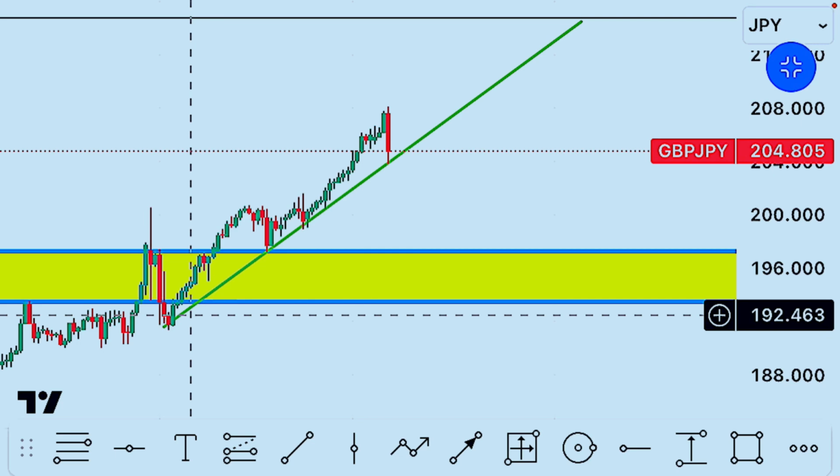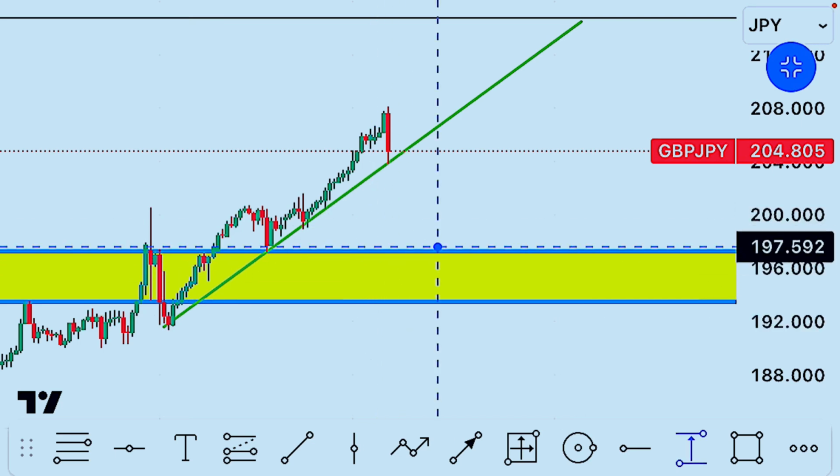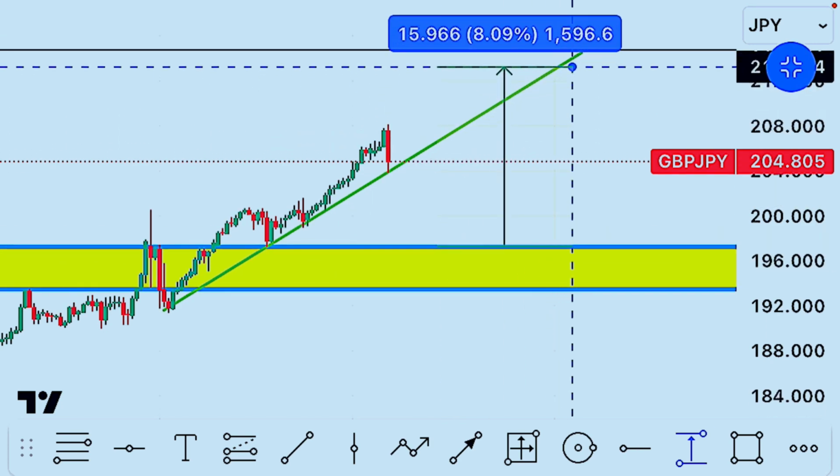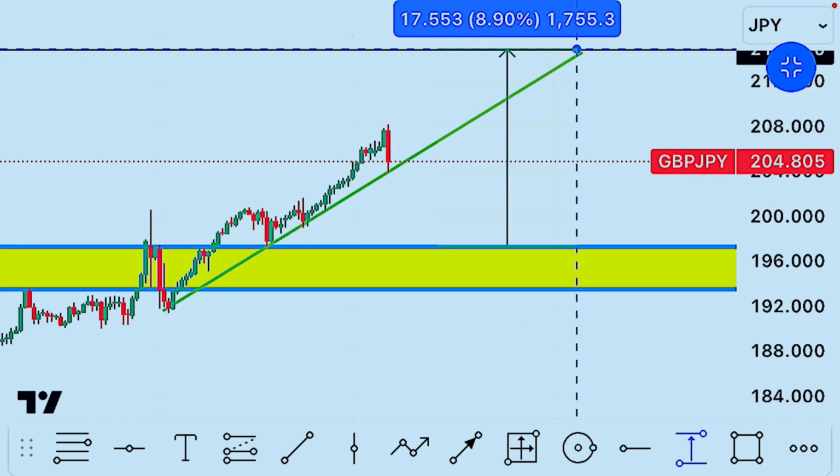All right, so if you measure the number of pips from, say, from here down to this place, that's like 1,700 pips to the upside on this GBPJPY.